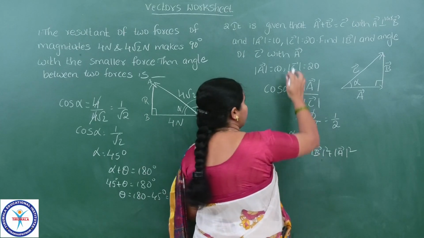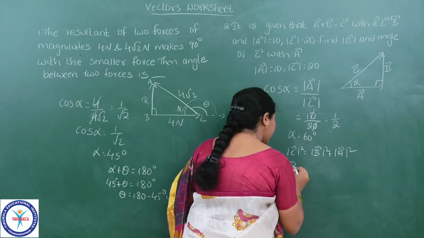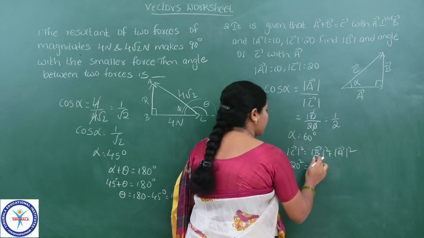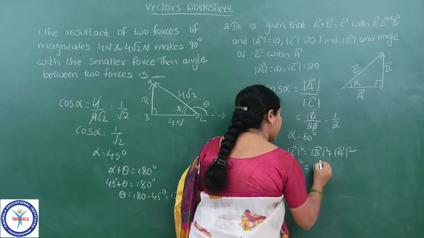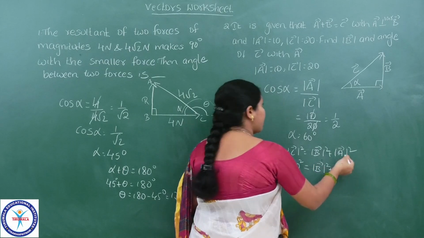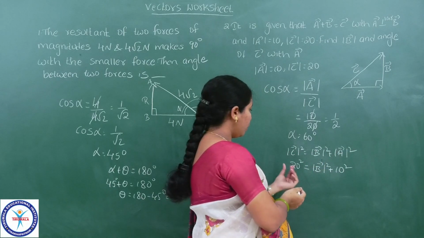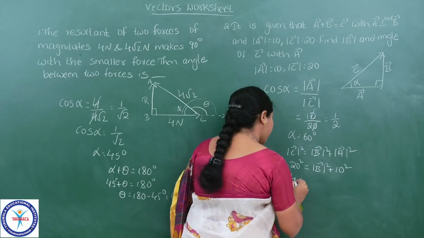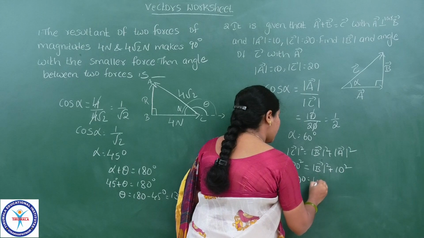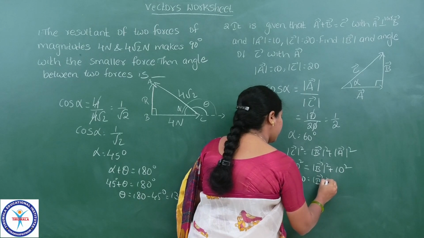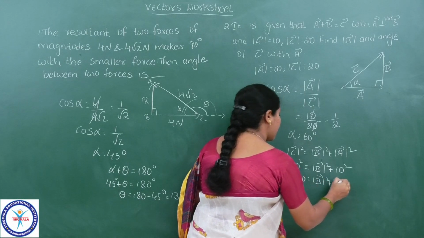So 20 square equal to mod B bar square, which we need to find out, plus 10 square. 20 square gives 400 and 10 square gives 100.